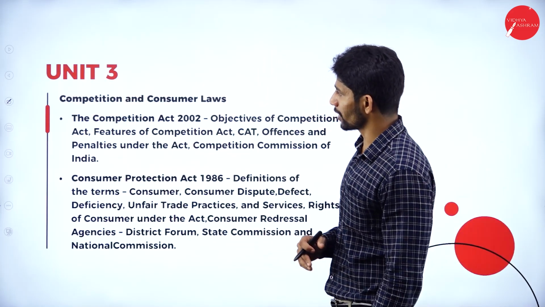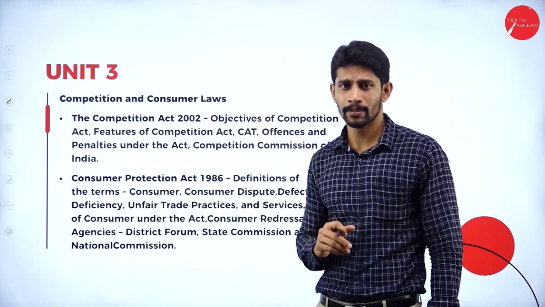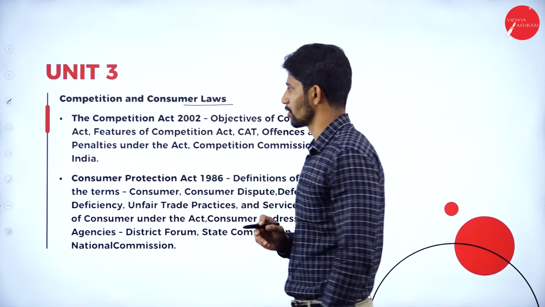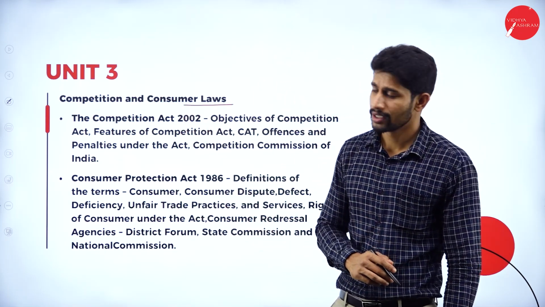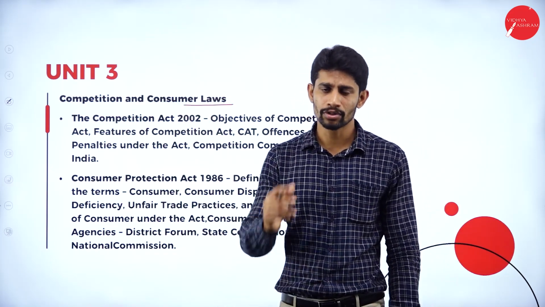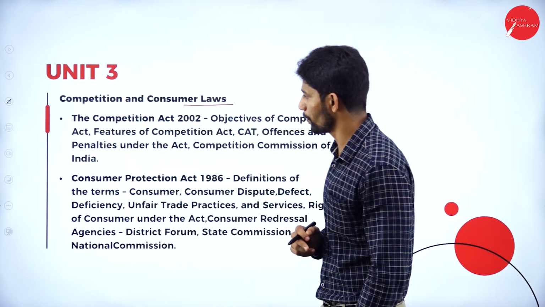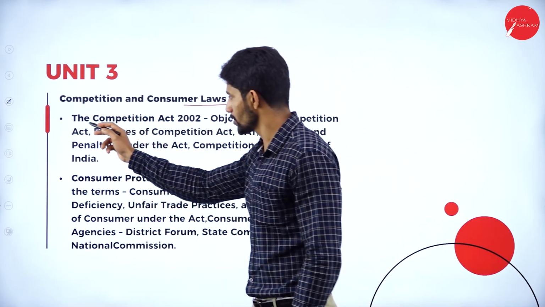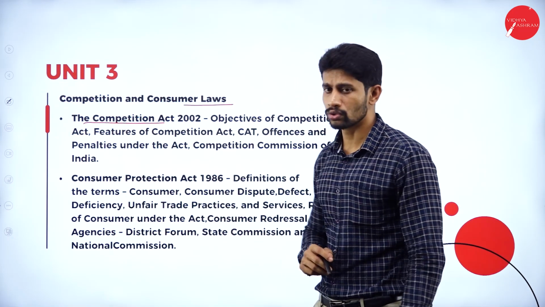Next, moving further, that is unit number 3. The unit name is Competition and Consumer Laws. Here in unit number 3, you are going to study about 2 laws. The very important 2 laws. Which are those 2 laws? The first one is the Competition Act 2002.